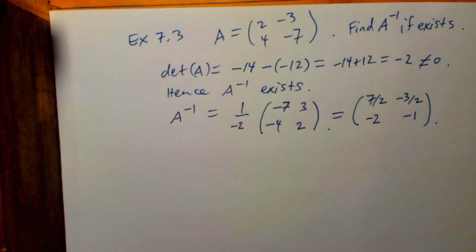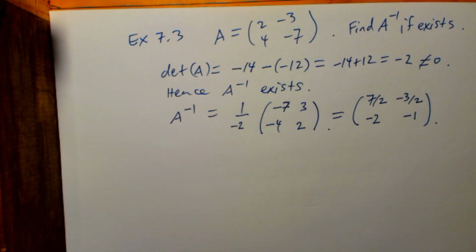Now there's a formula for the inverse of a 3 by 3 when the determinant's non-zero, but as you get bigger in size, so n by n, where n is, say, bigger than 3, it's not really practical to use a formula for the inverse of an n by n.